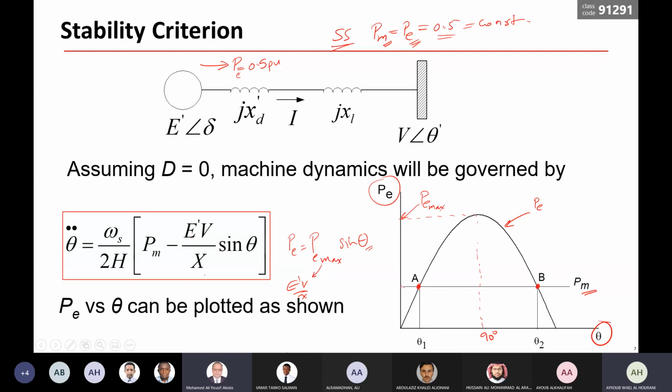Exactly, yes. That's what you want to say. Okay, you are right. A is a stable equilibrium point. B is an unstable equilibrium point. Why do we call A a stable equilibrium point and B an unstable equilibrium point?